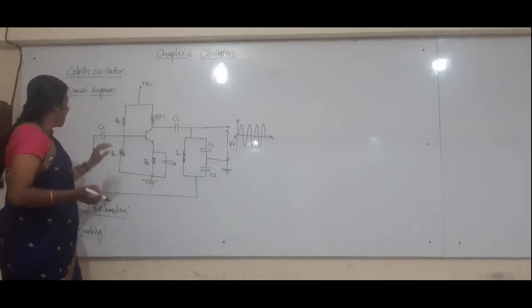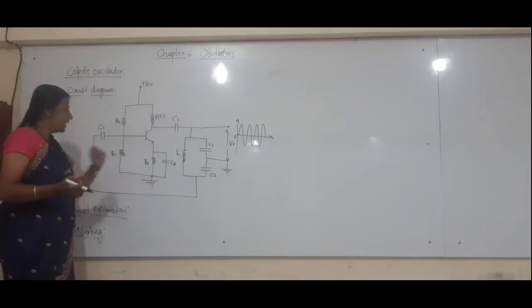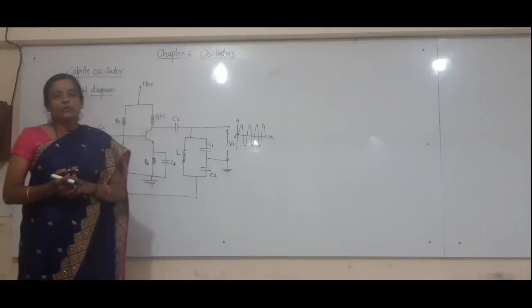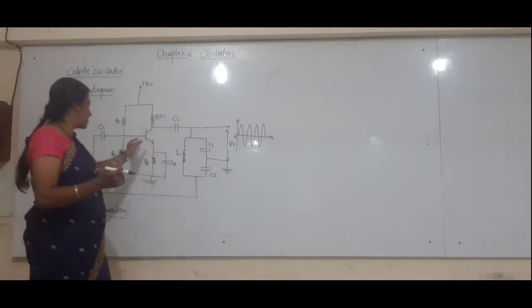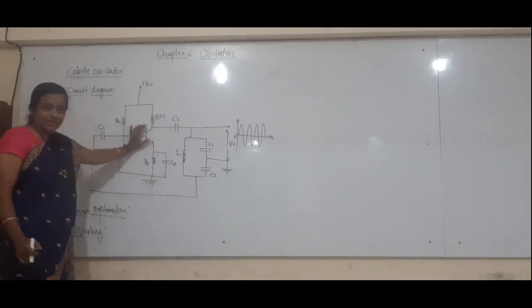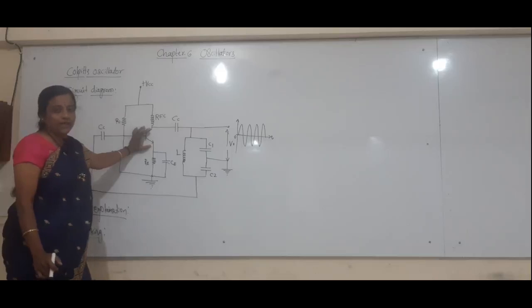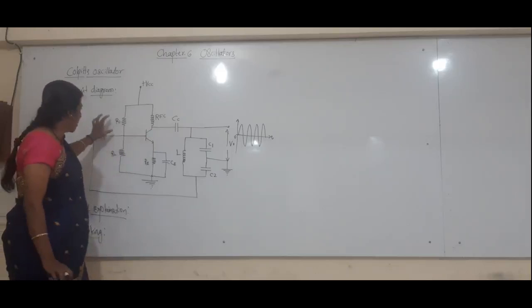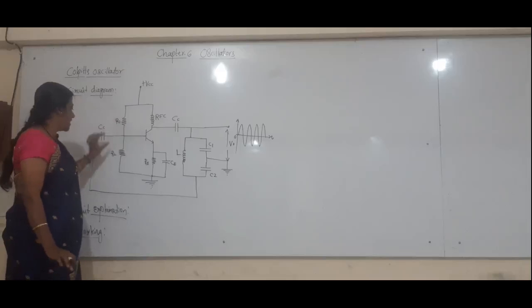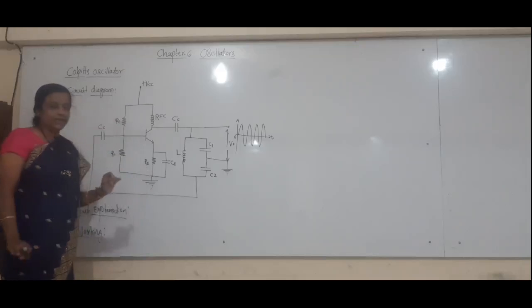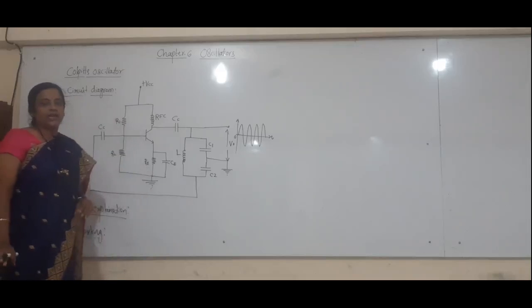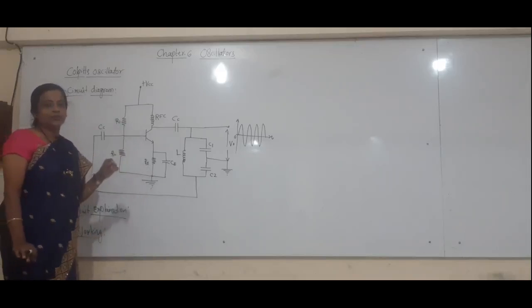The R1, R2 and RE resistors are used to provide the necessary bias for the transistor. The transistor has to be operated in its active region, so the proper values of R1, R2 as well as RE are selected so that they provide proper DC biasing to your circuit.